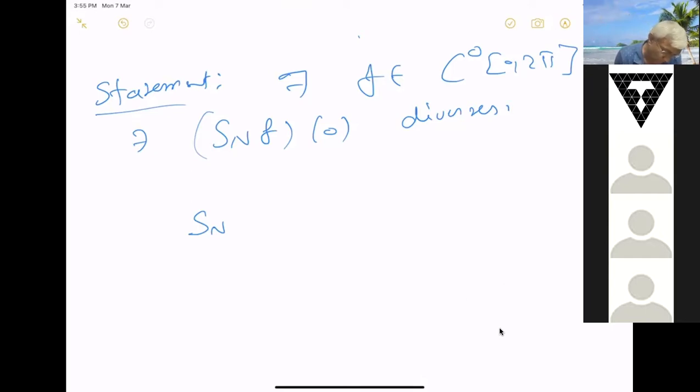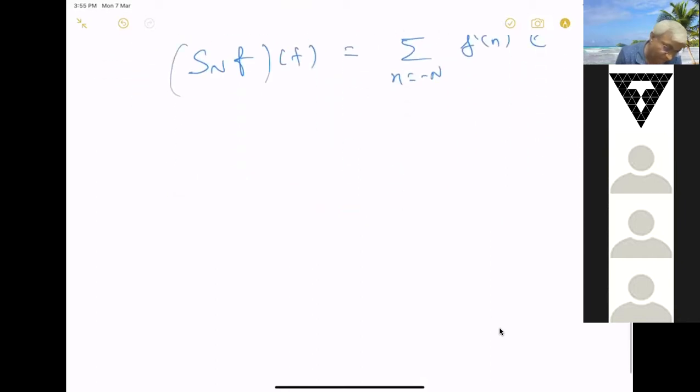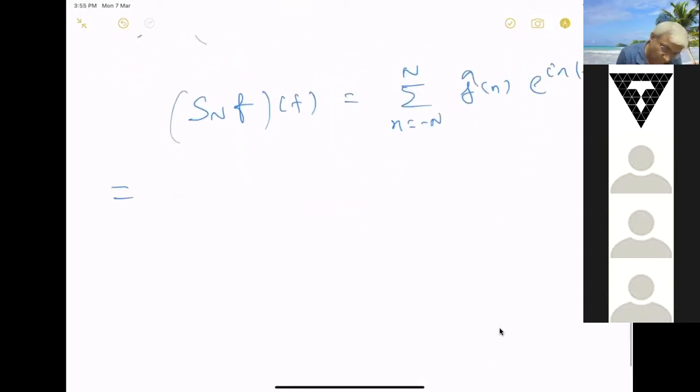Let me write what is this S_N f(t), which is just the summation n equal to minus N to N of f hat n e^{int}. But f hat n is nothing but the integral of f(t) e^{-int}.